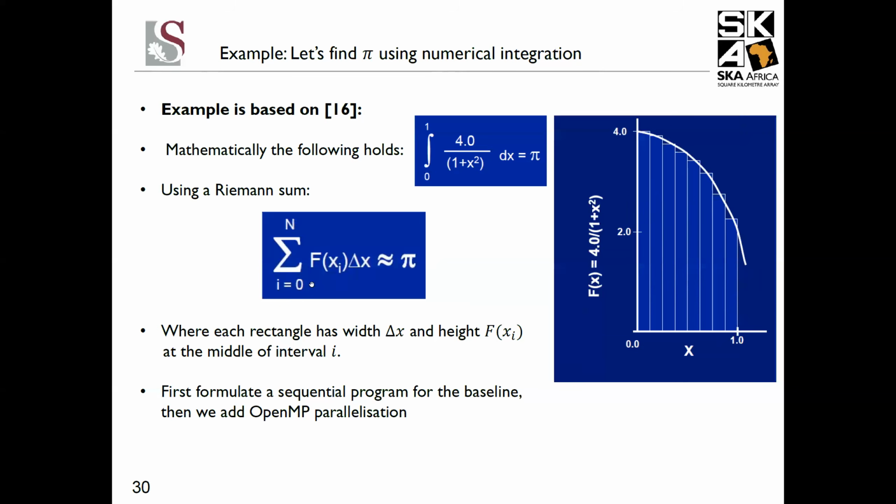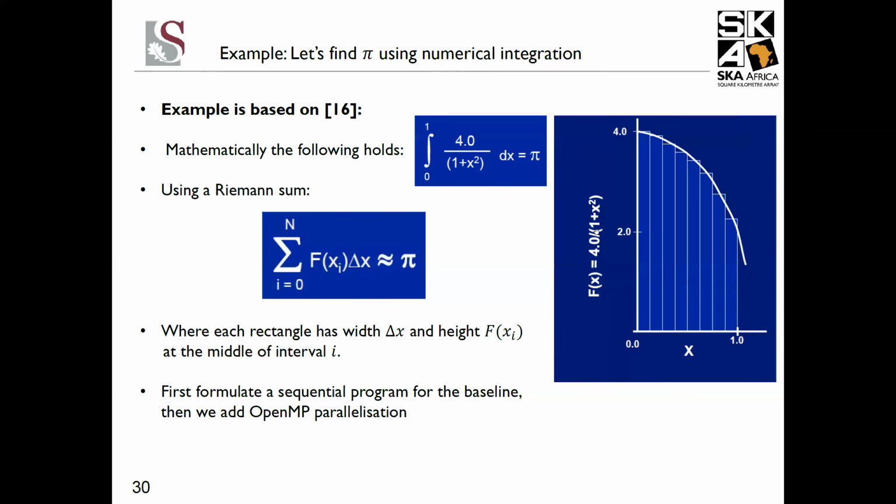I calculate the value of f. f is my function, 4 over 1 plus x squared. I calculate this function at this point xi, perhaps taken at the center of each of these rectangles, and I multiply it by the length of that little rectangle, which is delta x. Okay, and if I calculate this Riemann sum, then I should get pi.